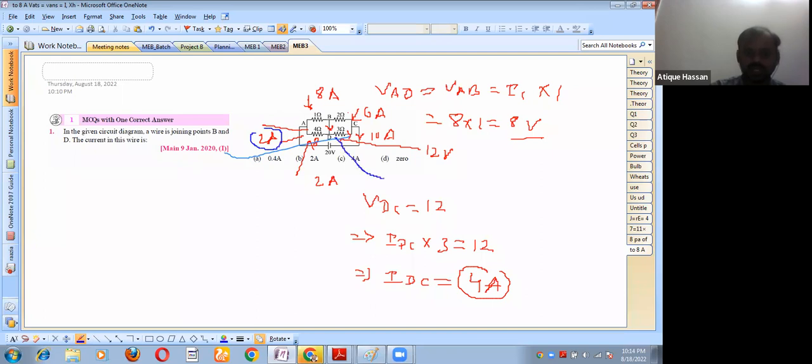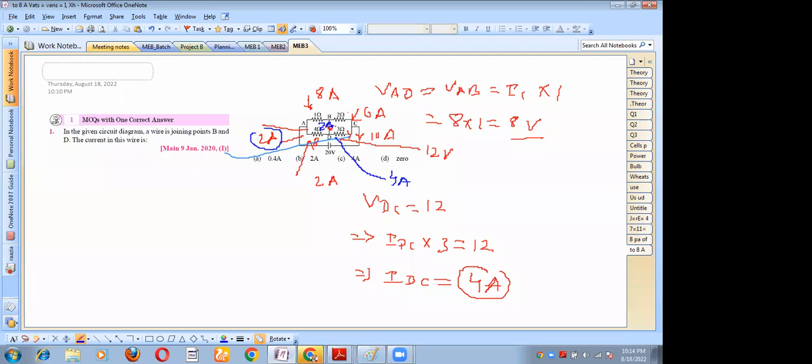Now the current here in 3 ohm is 4 ampere. It means from the junction, 2 ampere current is coming from B to D. Getting my point or not? That is why the current in DC becomes 4 ampere.